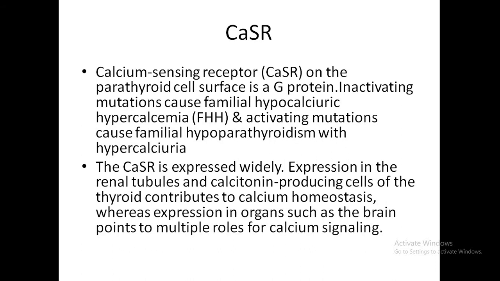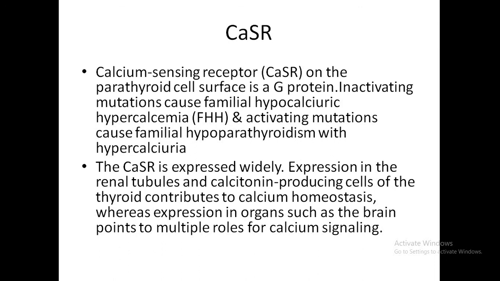The calcium sensing receptor on the parathyroid cells is a G protein coupled receptor. Inactivating mutations cause familial hypocalciuric hypercalcemia, and activating mutations cause familial hypoparathyroidism with hypercalciuria.